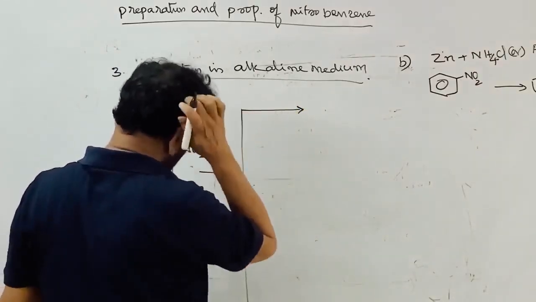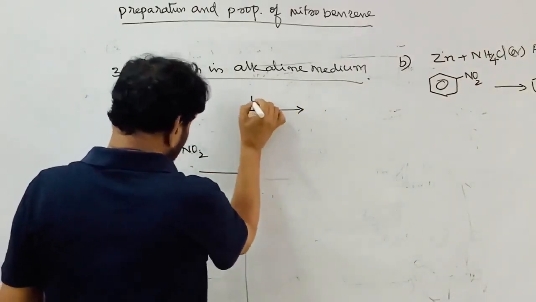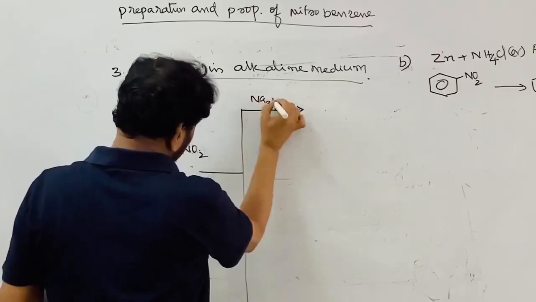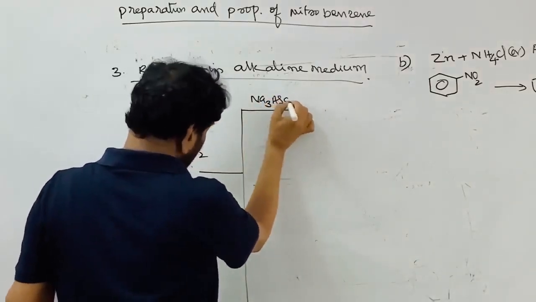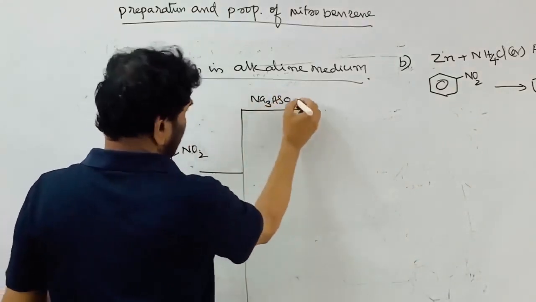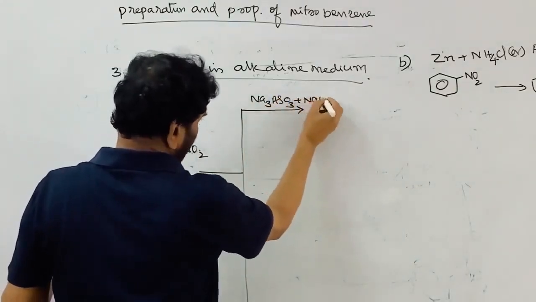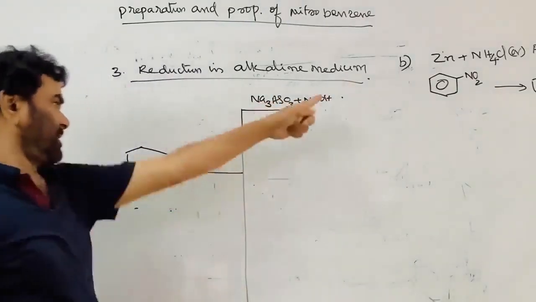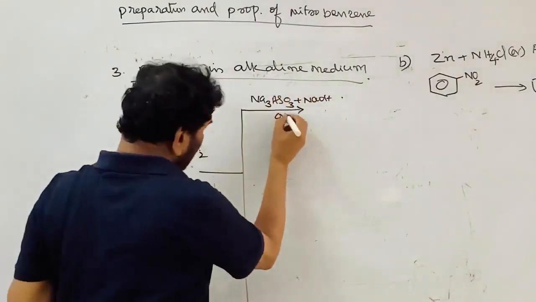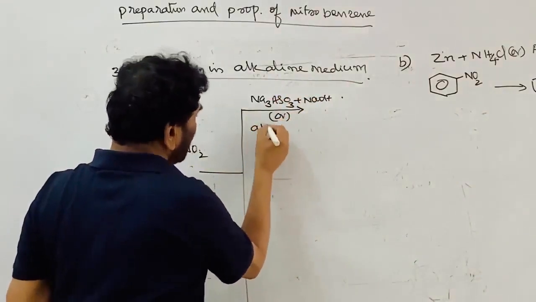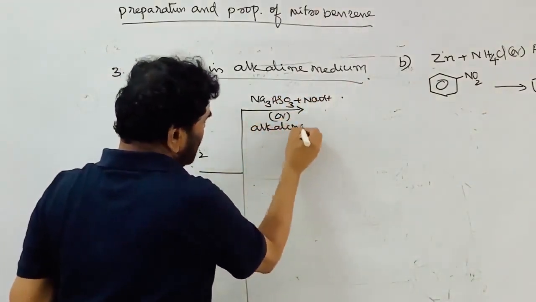Here you can use sodium arsenite plus sodium hydroxide, or you can use an alkaline solution of glucose.